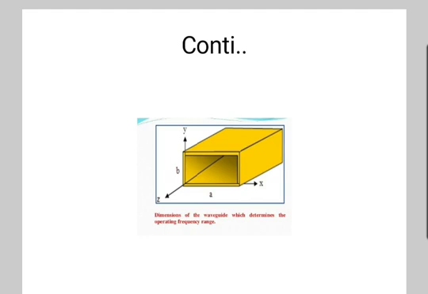TE modes are characterized by Ez equal to 0, that is, the z component of the magnetic field Hz must be available to have energy transmission in the rectangular waveguide.